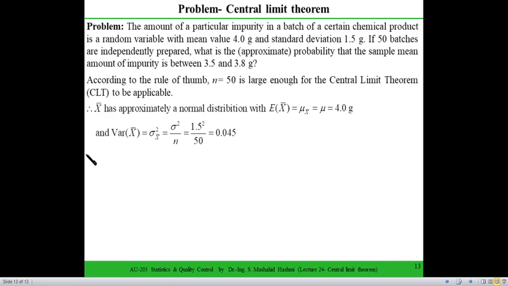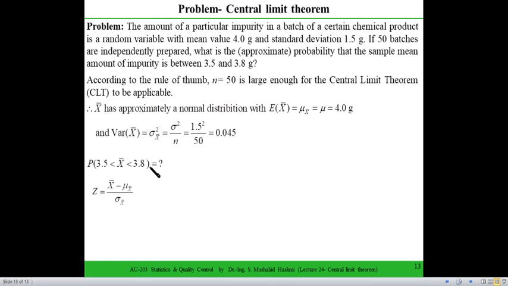Here x bar represents the average value of that random variable, and the average value would be normally distributed with mean equal to the population mean, which is 4 grams, and the variance for the sample mean would be sigma square over n, where n is 50. Using the standard normal distribution table, I can calculate the probability that the sample mean would be greater than 3.5 and less than 3.8.